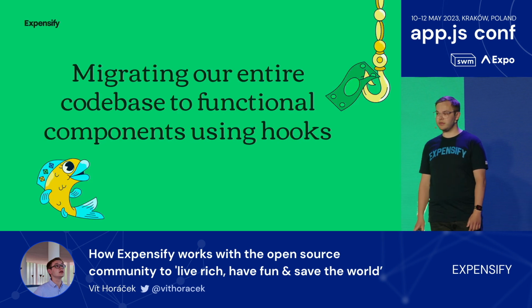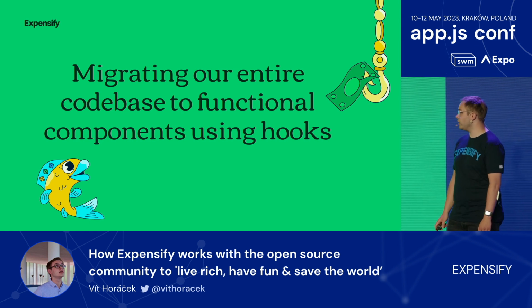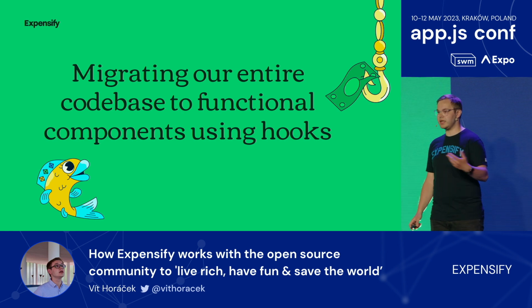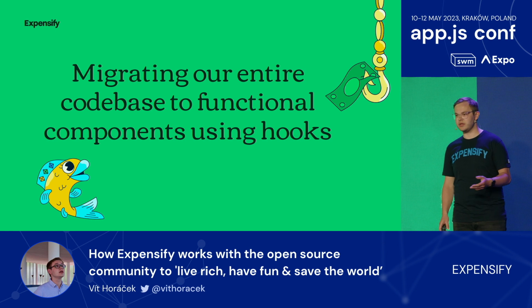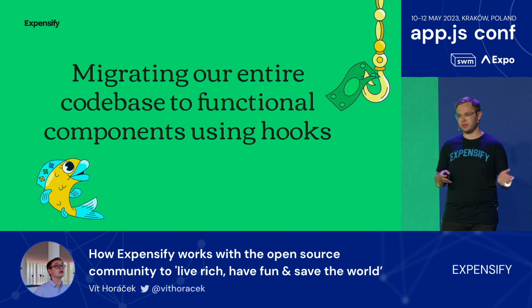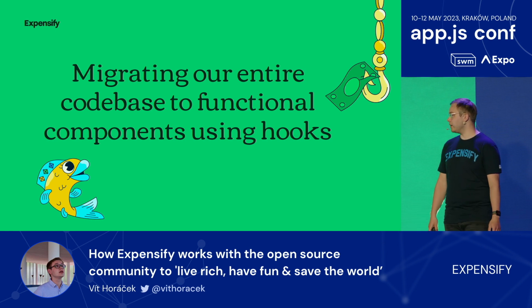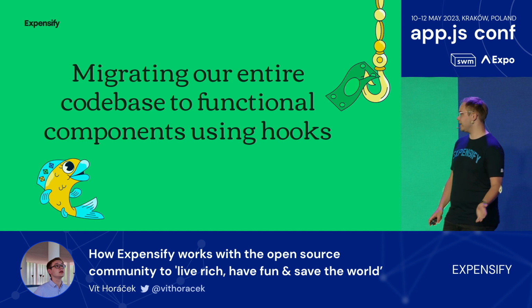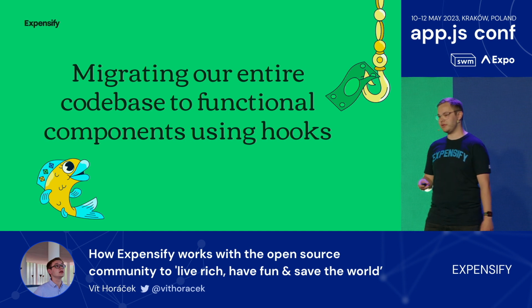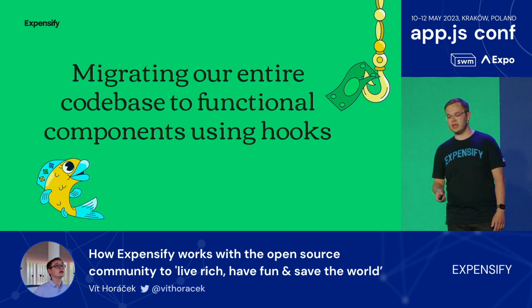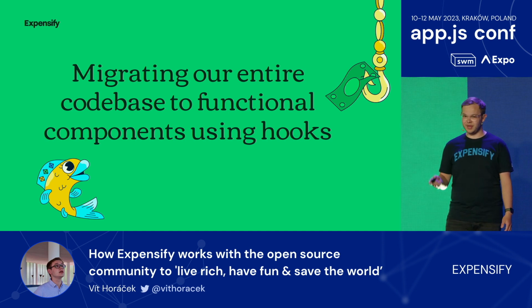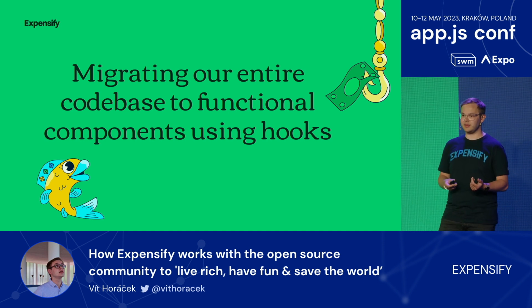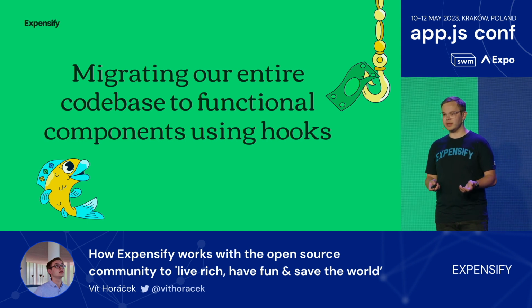To demonstrate the power of the open source community, we started Expensify Chat using class components in React, because that was something our internal engineers were most familiar with. However, that ship has sailed, and we have to move to functional components and hooks. This could be a really big task for our engineering team if we had to do it all internally.